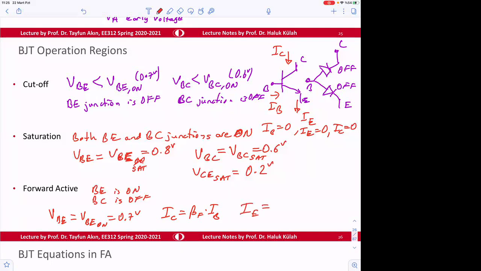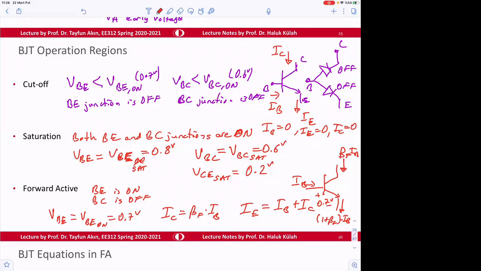I emitter current is going to be I base plus I collector. So this is the relation here. This is going to be 0.7 volt, and this is going to be I base, and the current through here is going to be beta forward times I base, and the current through here is going to be 1 plus beta forward times I base. Okay, so that's quickly to remember, it's coming from your previous courses.